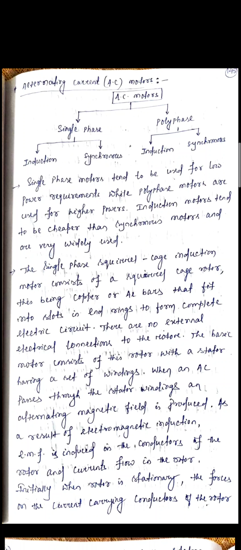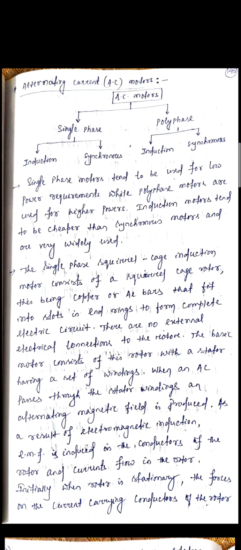Second, let's discuss the single phase. Single phase squirrel cage induction motors consist of a squirrel cage rotor, and this can be copper or aluminum bars that fit into the slots in the end rings to form the complete electric circuit.